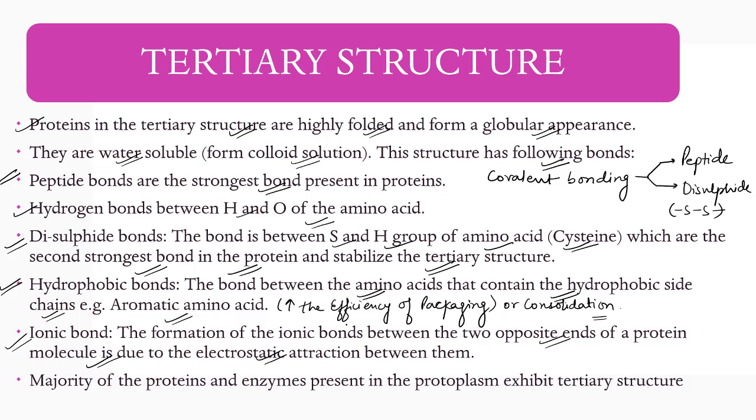So the strongest bond is peptide, second strongest is disulfide, then ionic bonds, then come the van der Waals forces of interaction, and then the hydrophobic bonds. Understood? The first is covalent bonding, in which the first is the peptide bond and the second is the disulfide bond. Third is the ionic bond. Fourth is the hydrogen bond.